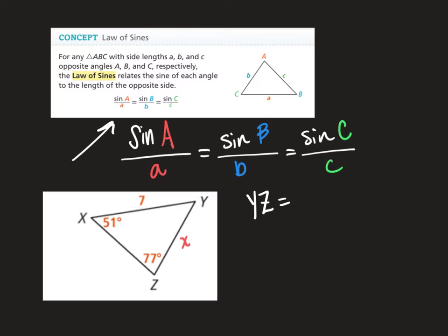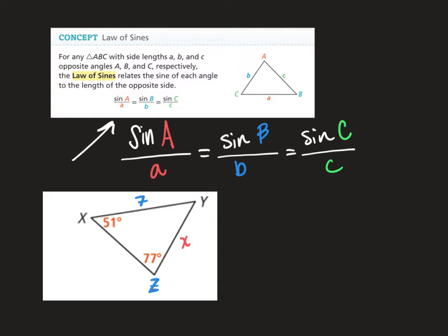So we've got big X and little x, and then we also have big Z and little z. So we have angle Z and side Z. Those are the pieces I'm going to use for the proportion.